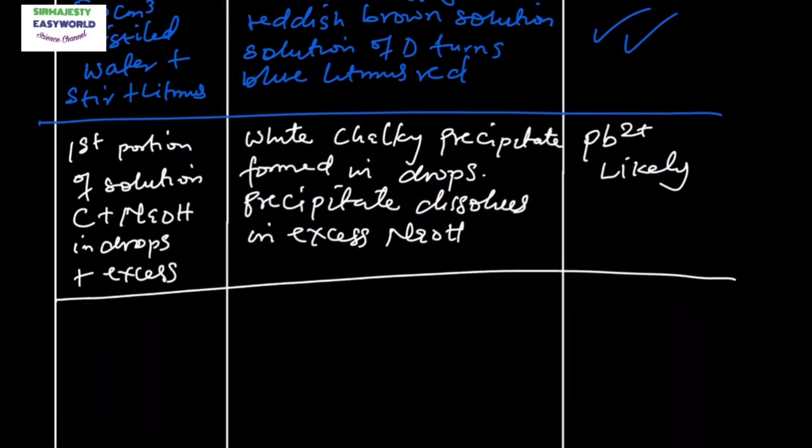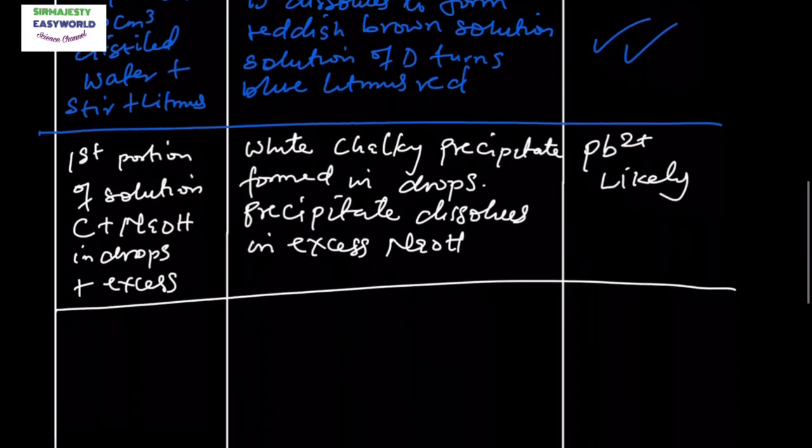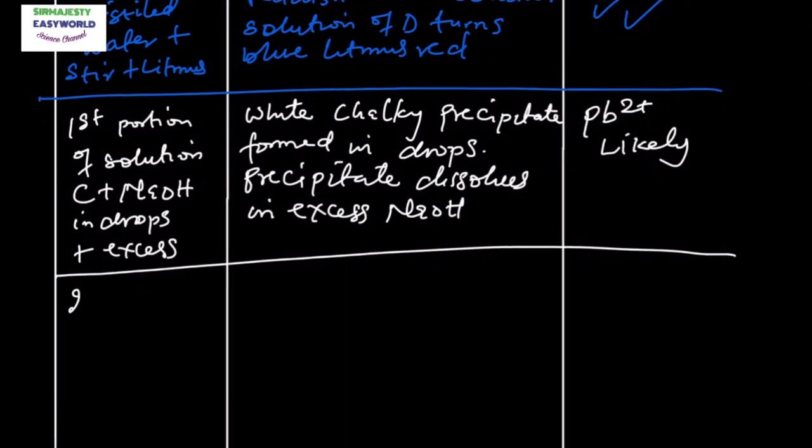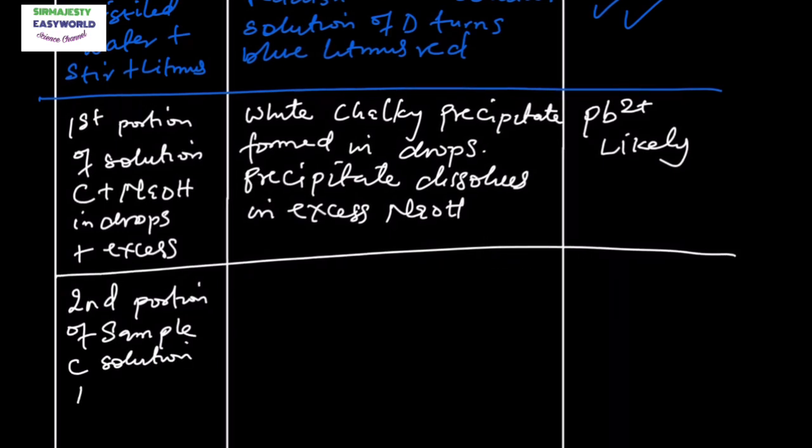Okay, then the other one, the same thing, we add aqueous ammonia this time around. Second portion of sample C solution plus aqueous ammonia. Remember, they might start with the ammonia one first. Please put aqueous.